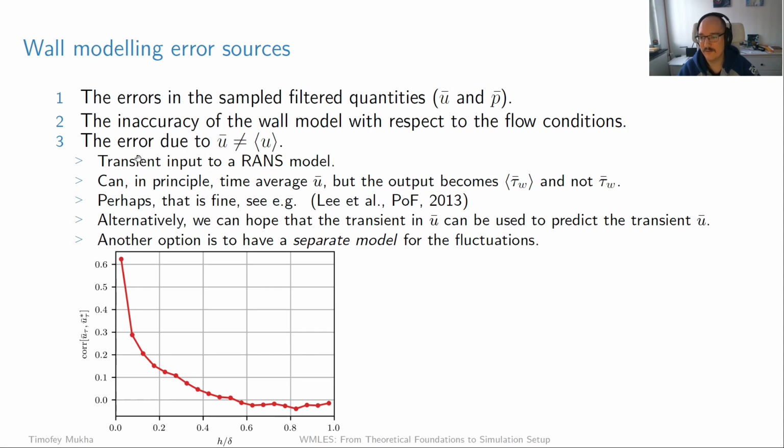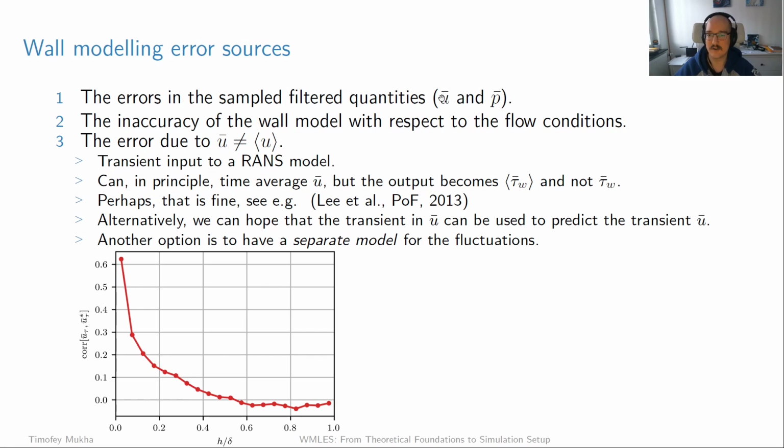But as we said before, when we discussed error source number 1, this is actually a suboptimal point for different reasons, right? So there's a clash. On the one hand, we seem to want to use the near wall cell if we aim at predicting the transient filtered tau wall signal. But on the other hand, this is going to cost us because the accuracy of the U is actually not that good.